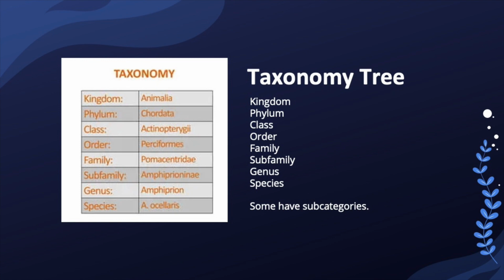Excuse me if the pronunciation is a little iffy. The family would be Pomacentridae. Subfamily would be Amphiprioninae. Genus would be Amphiprion, and then the species is ocellaris. So the scientific name would be Amphiprion ocellaris, and that is your ocellaris clownfish.